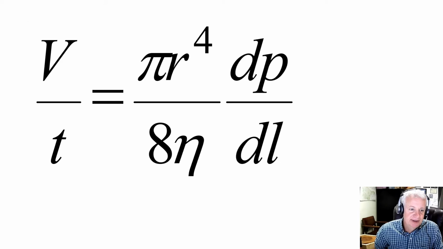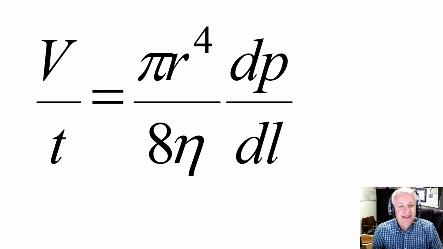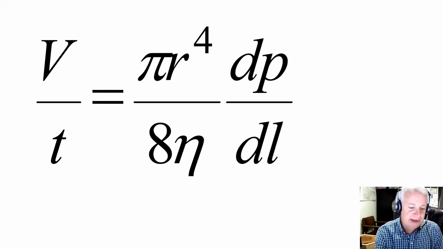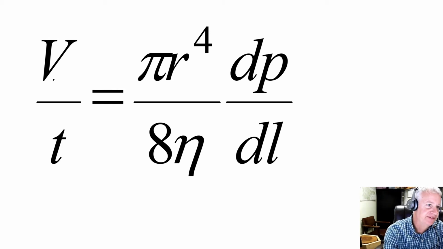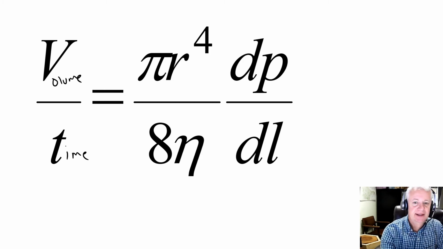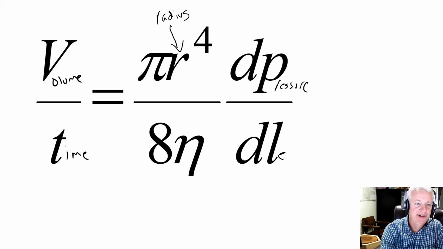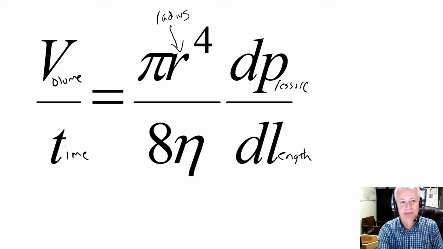The relationship that governs that is the Hagen-Poiseuille relationship. This is just an engineering relationship which expresses the volume of a liquid per unit time that can move through a pipe of radius r, where r is the radius of the pipe, at a given change in pressure, so that's pressure per unit length of the pipe.